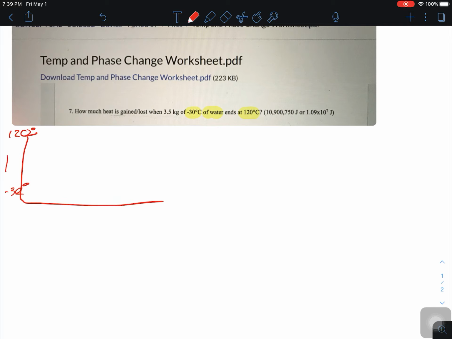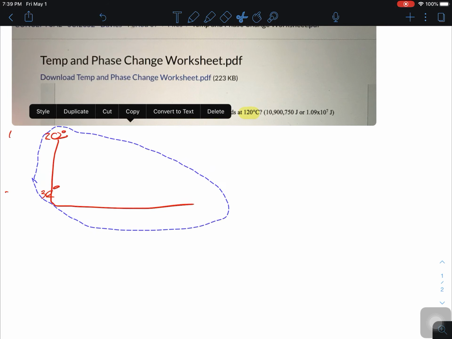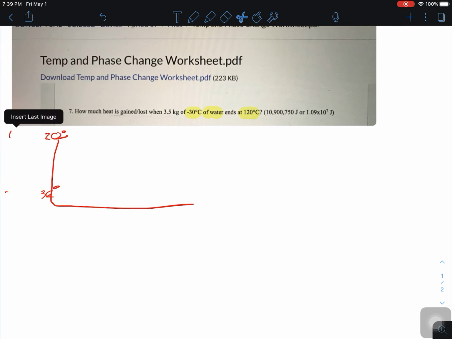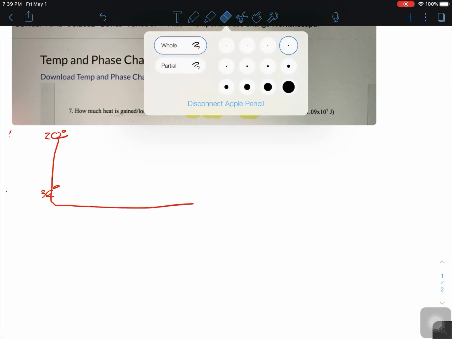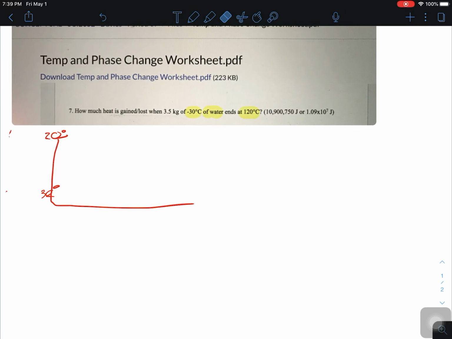This is here. Let me move that. Okay. So this is 120 and this is negative 30.